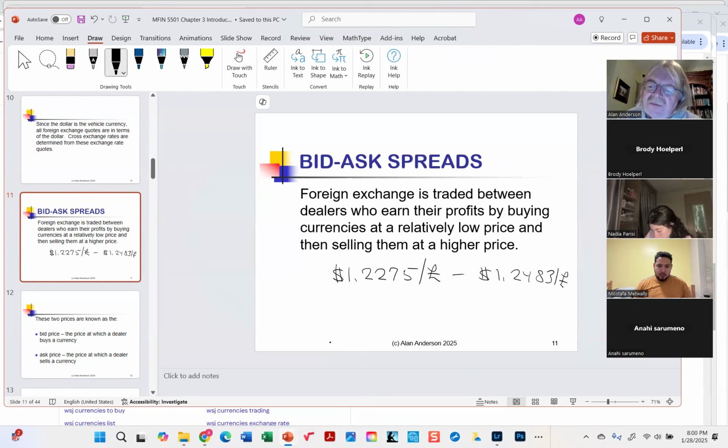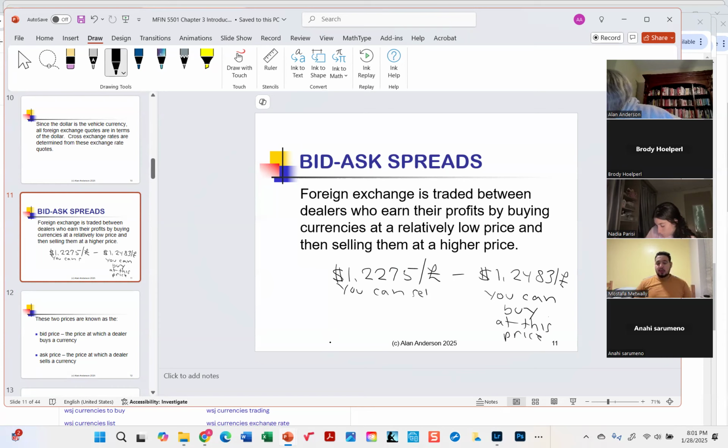Well, these are dealers, and that means they're willing to either buy or sell pounds with you. But they have to make some money. So what they're basically saying to you is this: you can buy all the pounds you want at this price, and you can sell at this price.